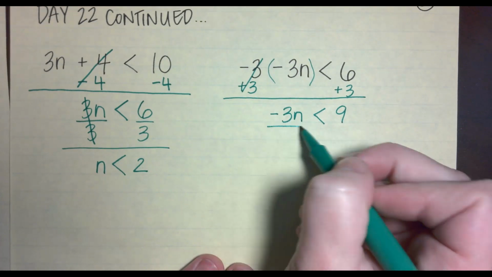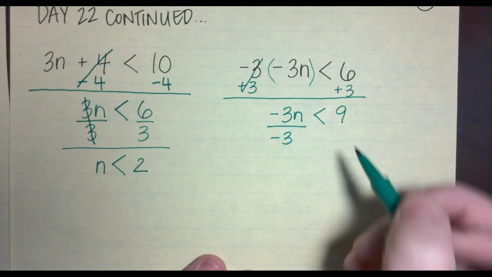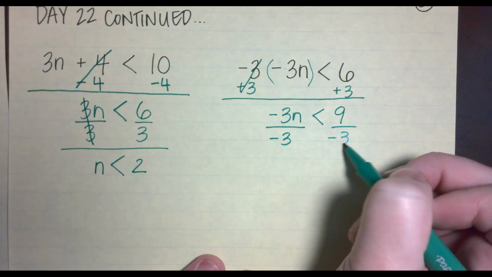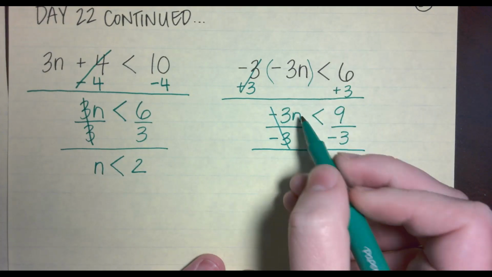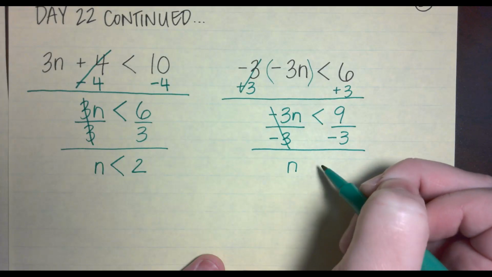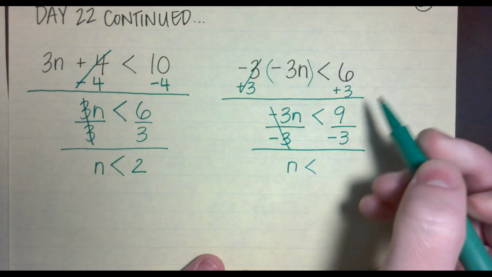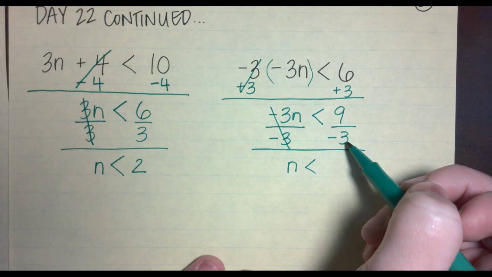Am I dividing by 3 or -3? -3. Good. On both sides. Okay, my -3's will cancel out. I'll bring down my n, my less than, and then 9 divided by -3. What's that?